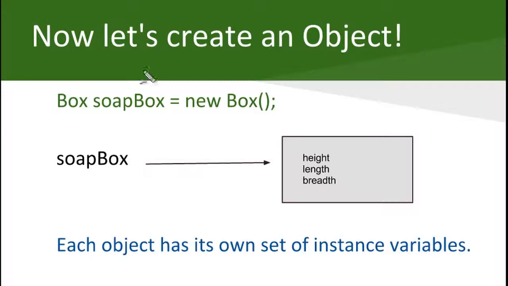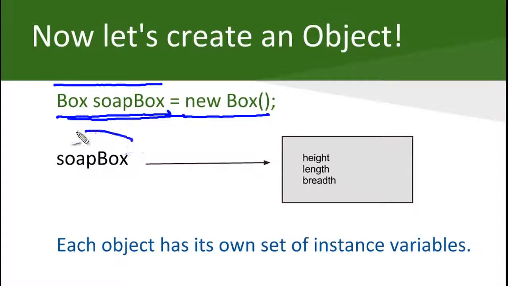But what do we do to create an object? For that we write this code, this whole code. Understand here that when I write Box soapbox, this part is creating a reference variable.